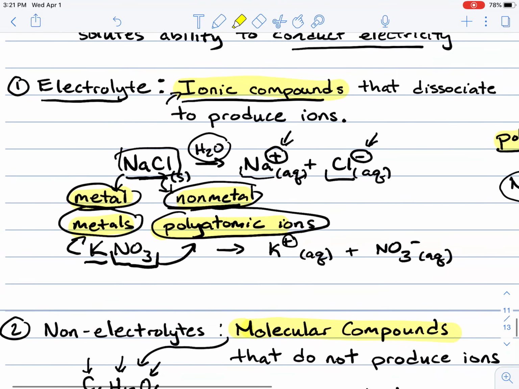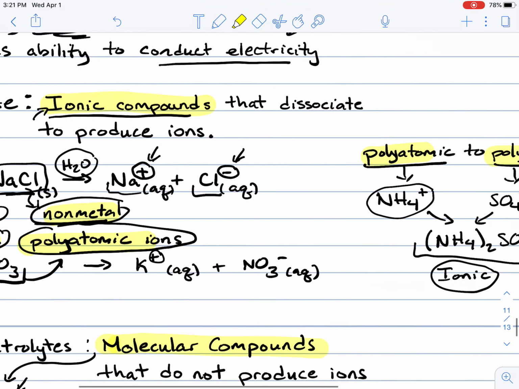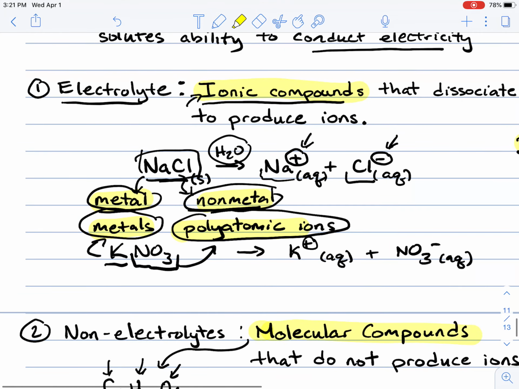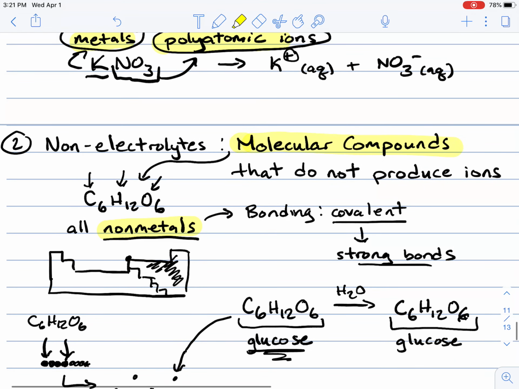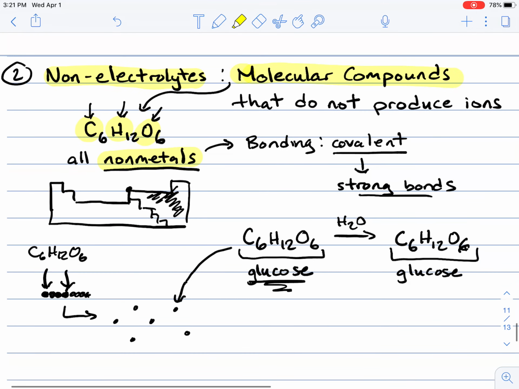If you have any of those three combinations, then that solute can be classified as an electrolyte. Whereas if all of your elements are nonmetals, then you can go ahead and classify that solute as a non-electrolyte.